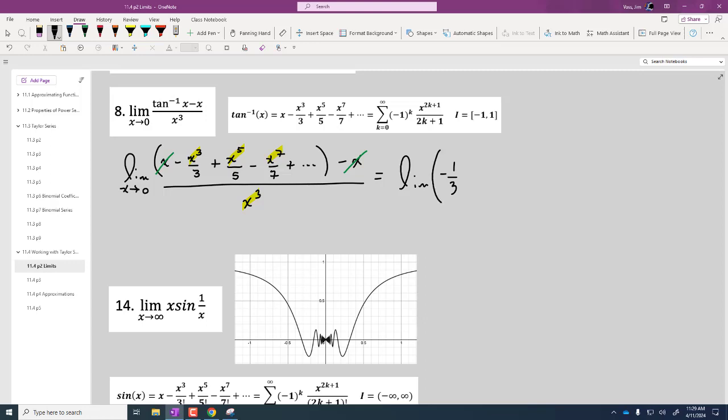It has no x in it. The subsequent terms will have x's, so that'll be x squared over 5 minus x to the 4th over 7 plus etc. But all of the subsequent terms have an x, so when you plug in the 0, the whole tail vanishes. The only term that doesn't vanish is the first term. And so we're going to get the value of this limit to be equal to -1/3.